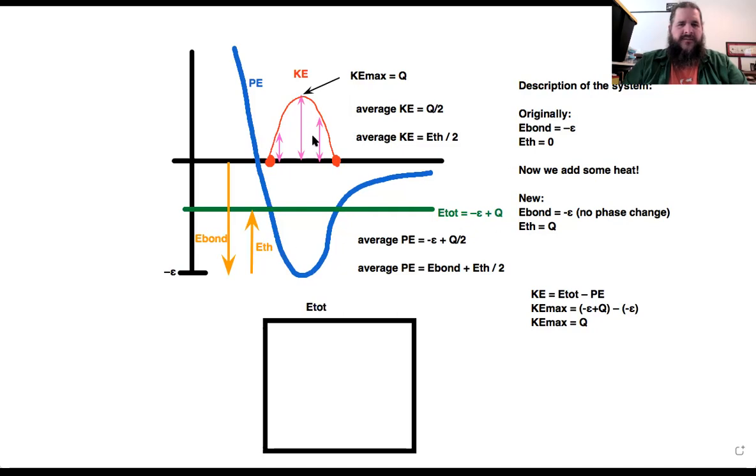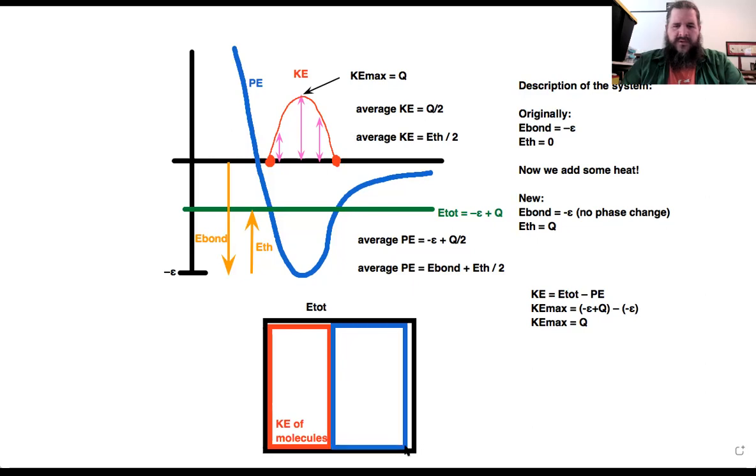We have, let's say we've got the kinetic energy. Actually, let me use the same colors here. We've got the kinetic energy of the individual molecules. And we've also got the potential energy of the individual molecules.